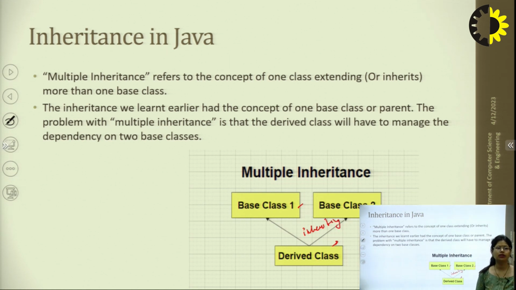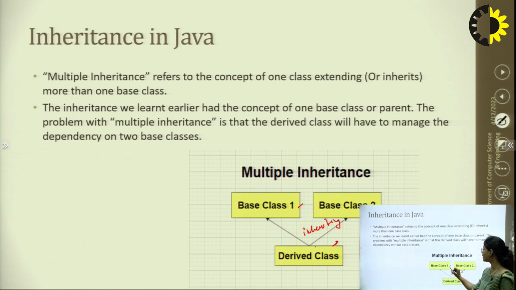Is it possible? No. Java doesn't support multiple inheritance. As we have already learned, inheritance is a concept of one base class. There is a problem with multiple inheritance, as the derived class will have to manage the dependencies on the two base classes. So this class needs to manage the dependency of this and this.